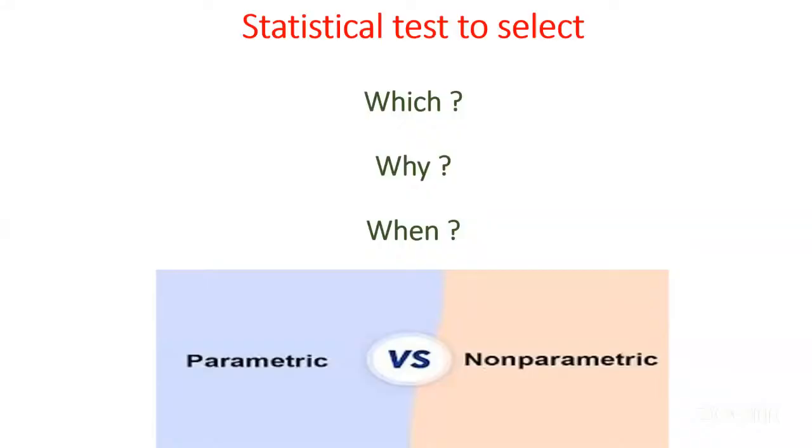Here comes the tough decision of deciding parametric or non-parametric. If you make a mistake in identifying this, whether parametric or non-parametric, then everything further will go wrong. So at the beginning, you should be able to identify clearly whether it is parametric or non-parametric.